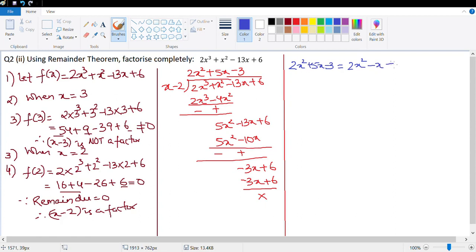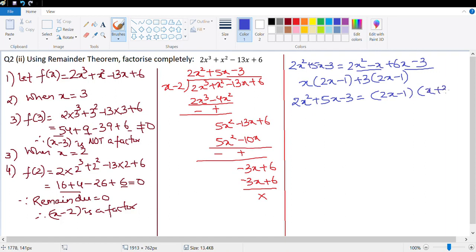Yes, negative 1 multiplied with plus 6. So I'm splitting 5 as negative 1 plus 6. Grouping it the way I have underlined, we have x times 2x minus 1 plus 3 times 2x minus 1. So 2x square plus 5x minus 3 would be equal to 2x minus 1 multiplied with x plus 3.